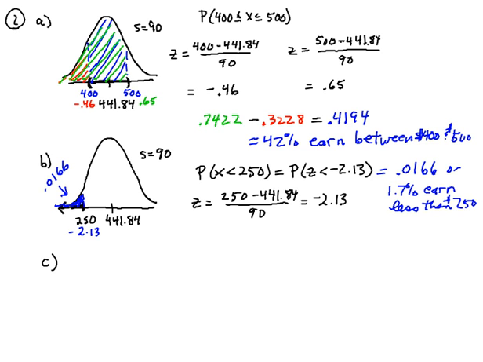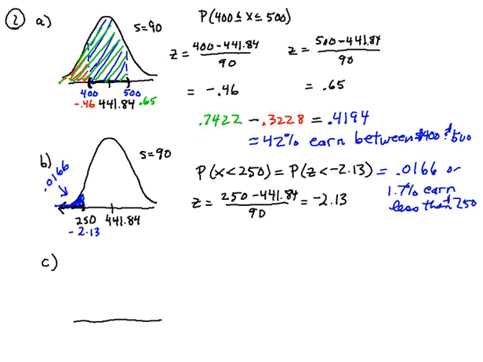Okay, Part C. Part C says 20% of wage earners make less than what weekly amount? Well, this is the other type of problem, the turnaround type, where it's actually giving you a percentage or a probability, and you're asked to find an interval value. So we're still working with the same problem.